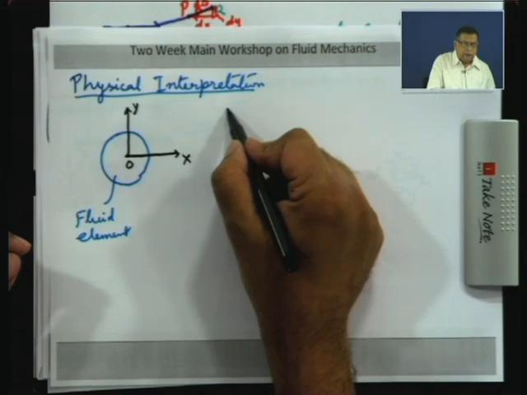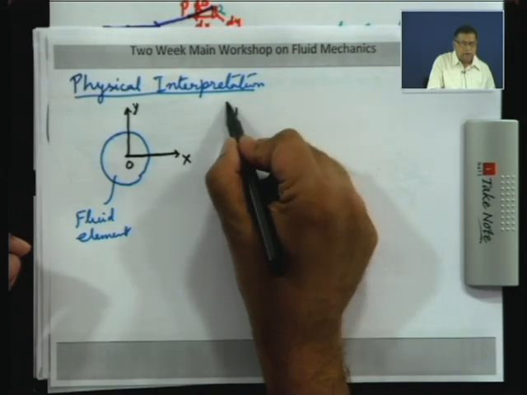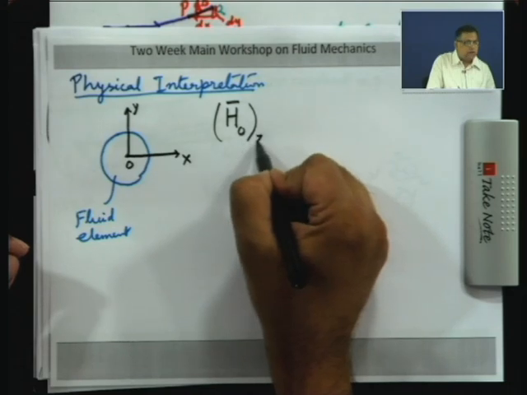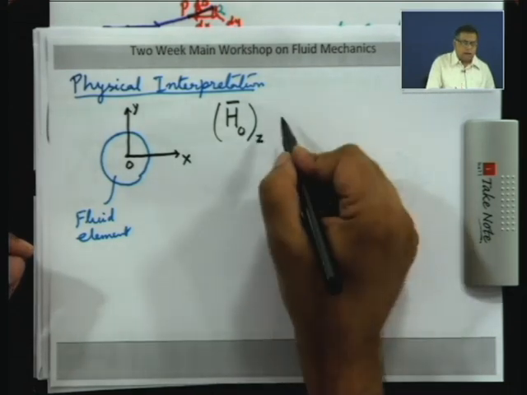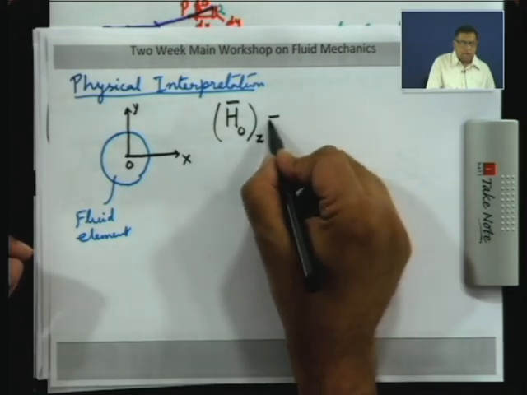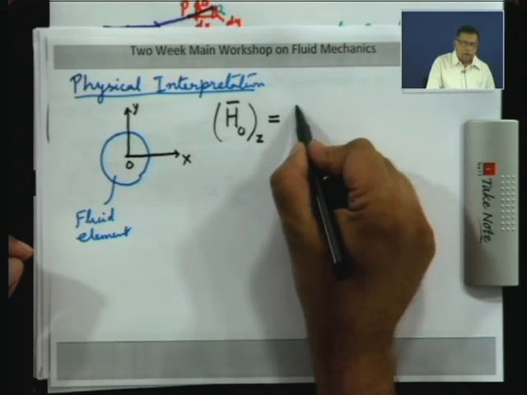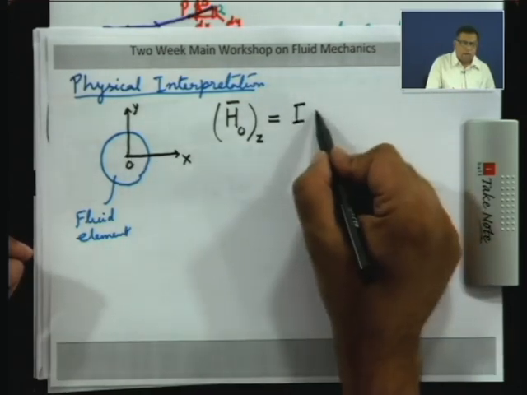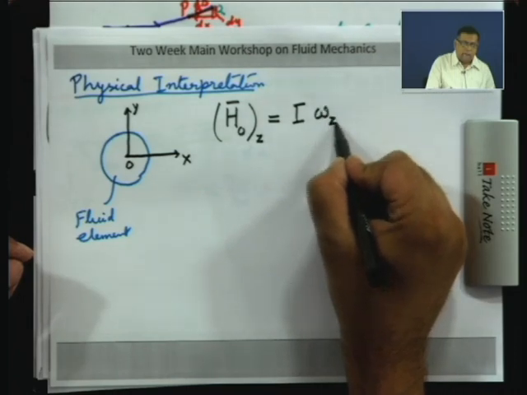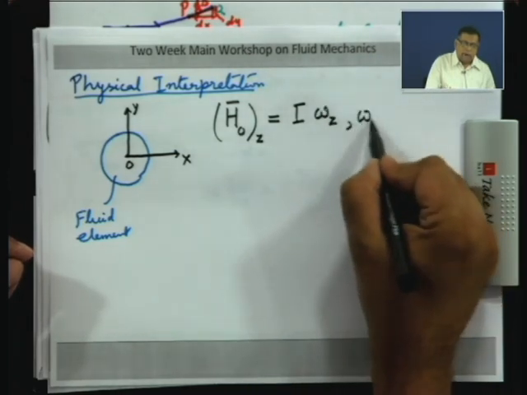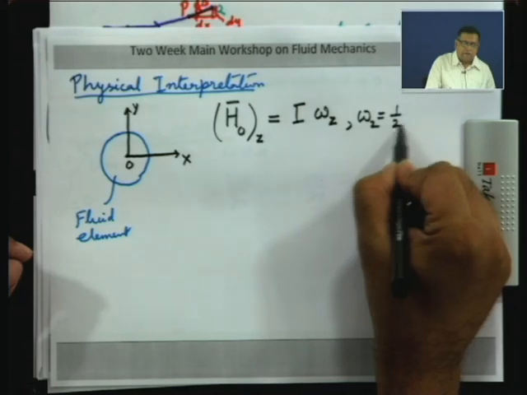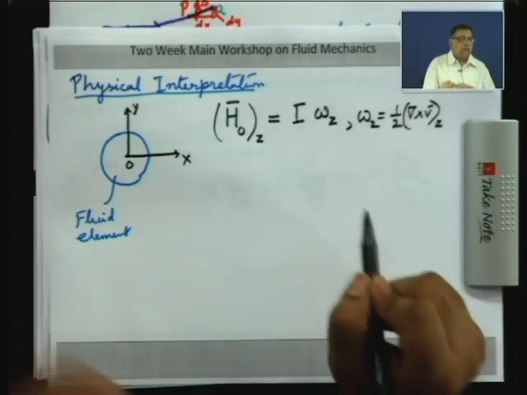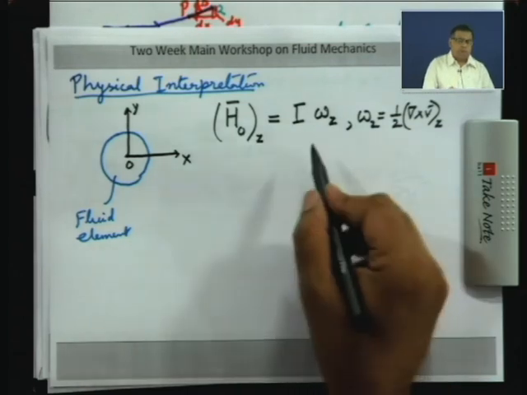If you look at the angular momentum, which I will call h about O in the z direction, now, this you can show is the moment of inertia about O into omega z, where omega z is half curl of V, z component. So, this gives a physical interpretation of the vorticity.